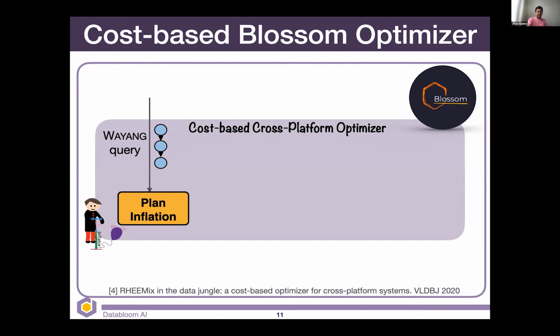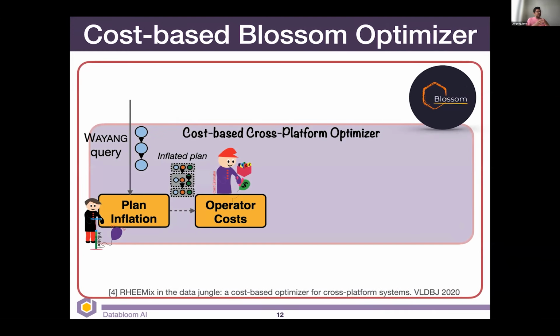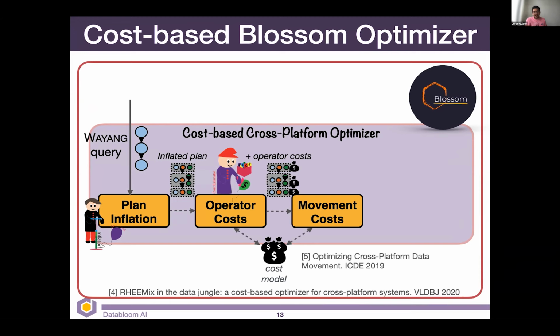After plan inflation, for every operator and option, we find out the cost, like what cost-based optimizers do. But in addition to a single-node DBMS, we also figure out the cost of running on multiple platforms, which involves data movement cost.